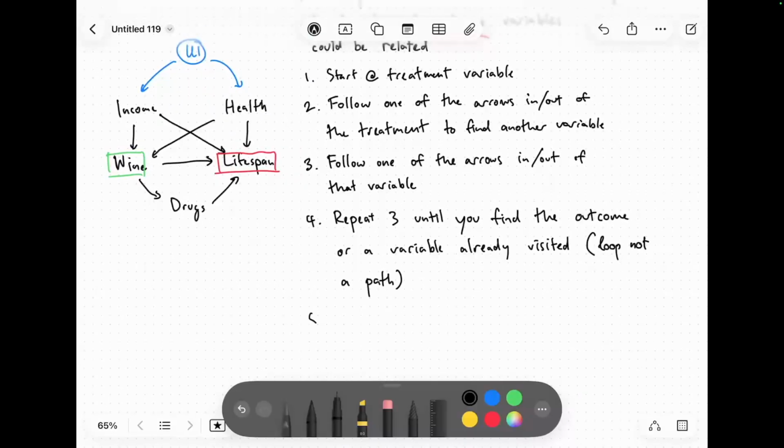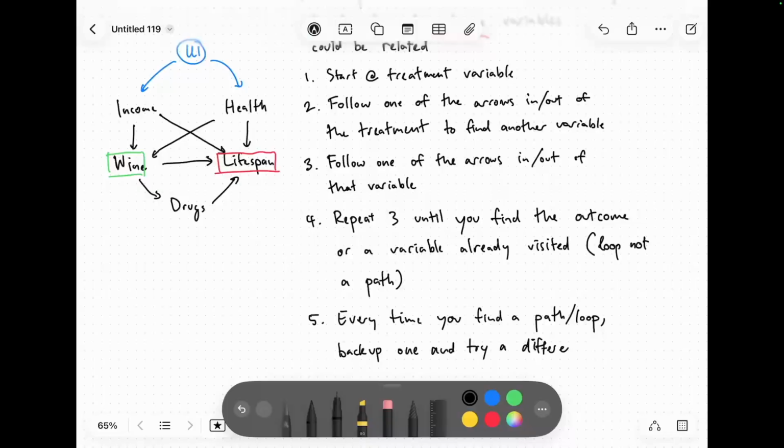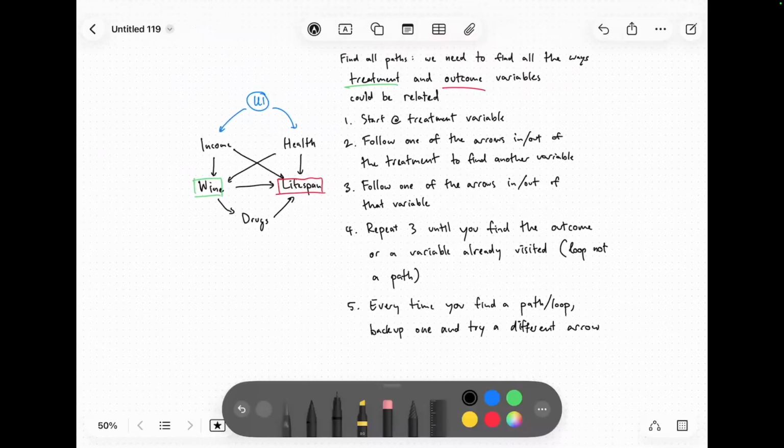And then every time you find a path or loop, back up 1 and try a different arrow. Okay.